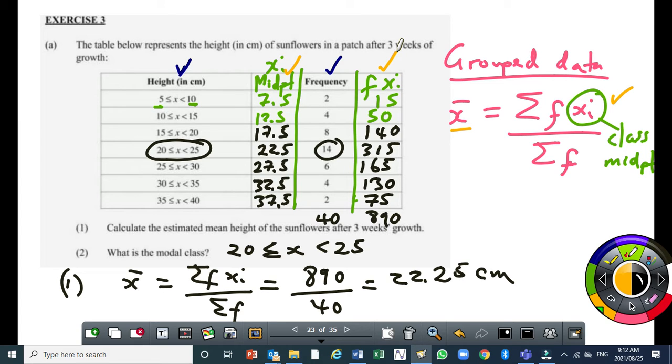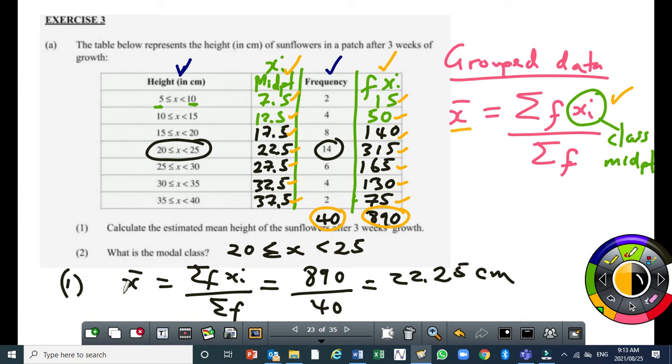Then I determine the total of the products of each frequency and its midpoint. Also, I determined the total of the frequencies, which was 40.